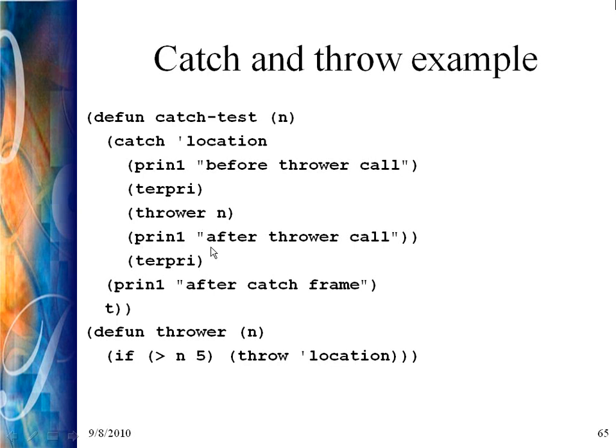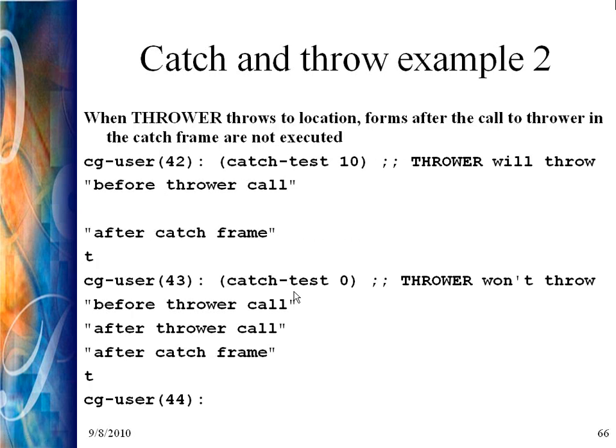Then we print after thrower call and another new line. And here's after the catch frame. And so if n's bigger than 5, we throw to location. Otherwise, we drop through. And I hope when thrower throws to location, forms after the call to thrower and the catch frame are not executed. So in catch test 10, the thrower will throw.